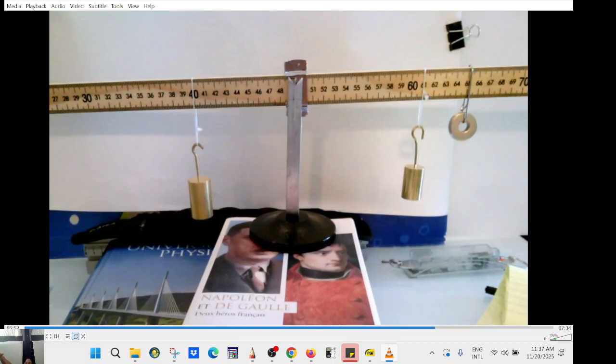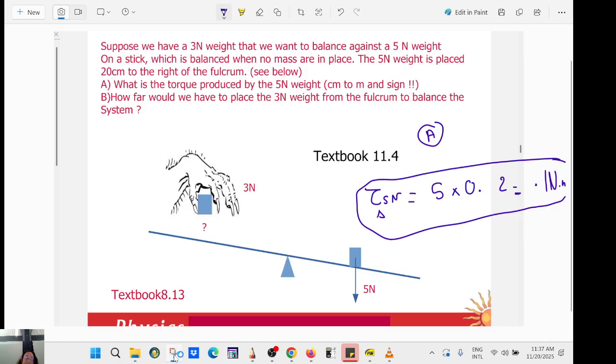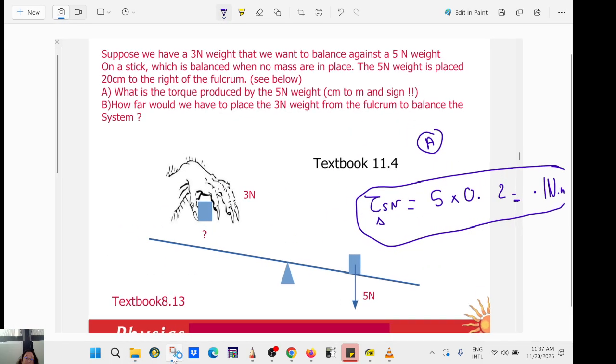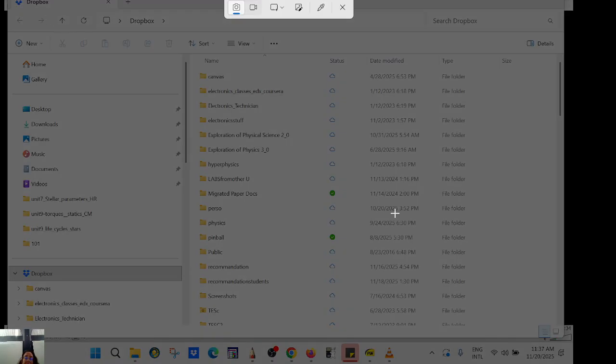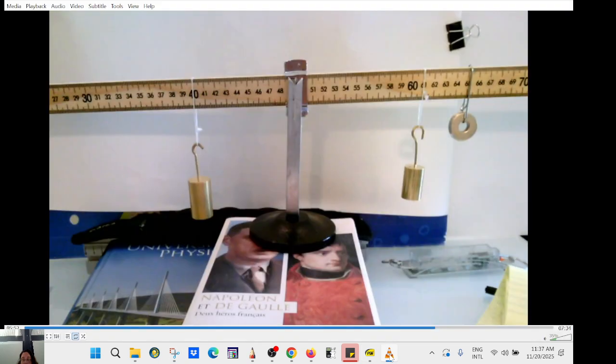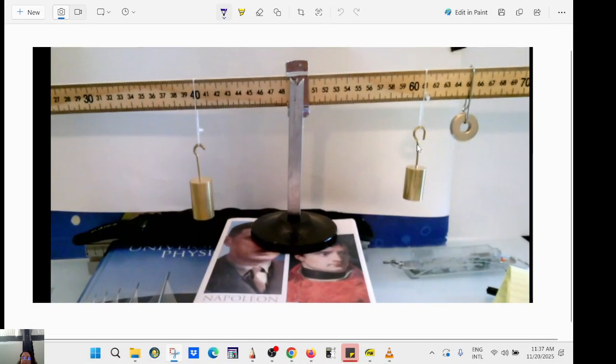So that will be the sum of the clockwise torque equals M1 D1. Okay, so this is counterclockwise, yes.